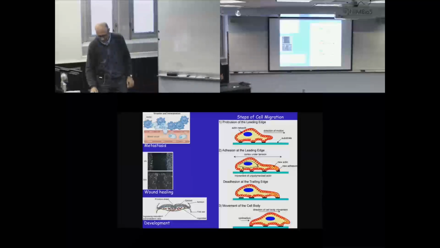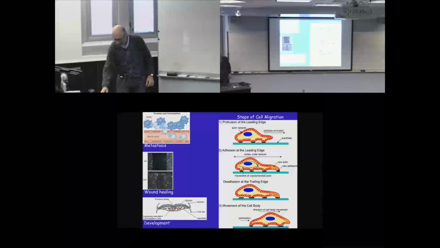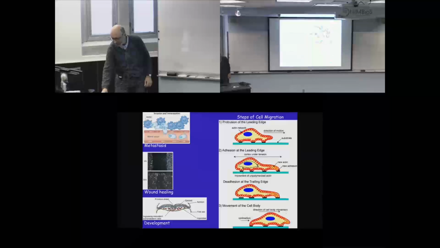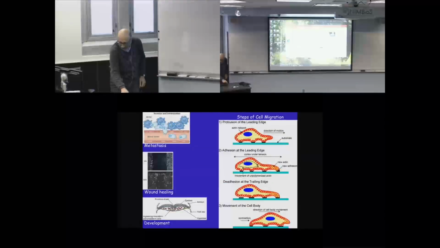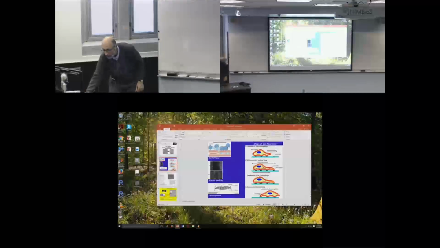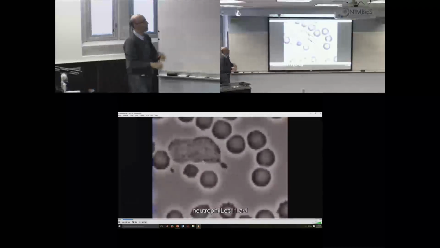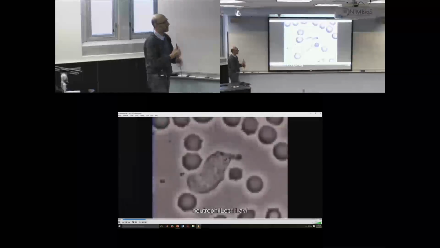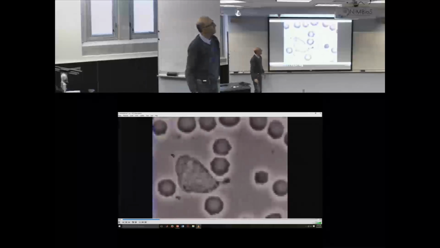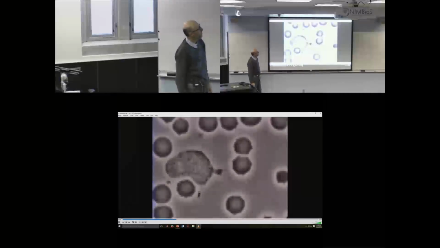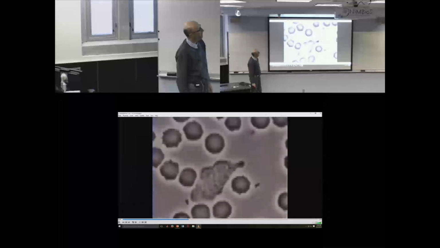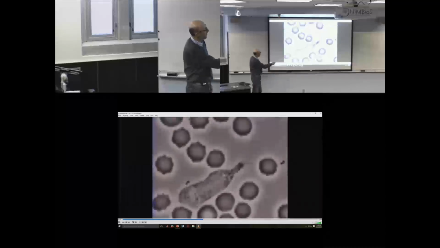So to kind of loosen up the room a little bit, let me show you a movie which is one of the most famous movies on the web. You probably saw it. If you didn't, this is a movie of a neutrophil, a cell of our immune system, chasing a bacterium.